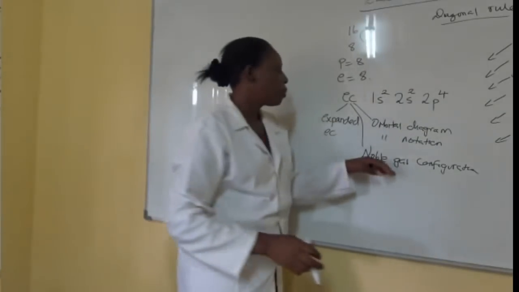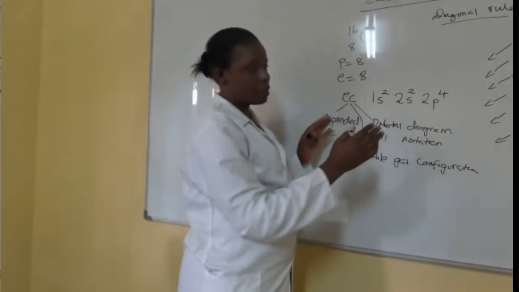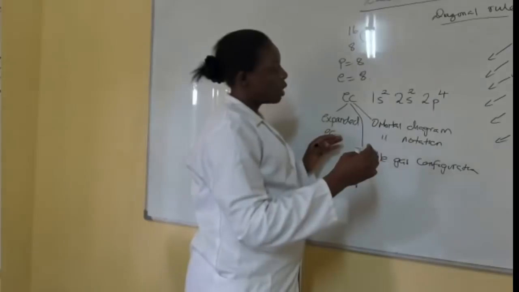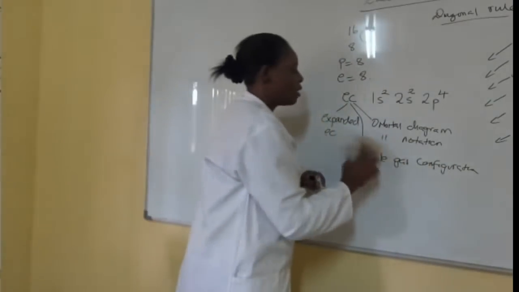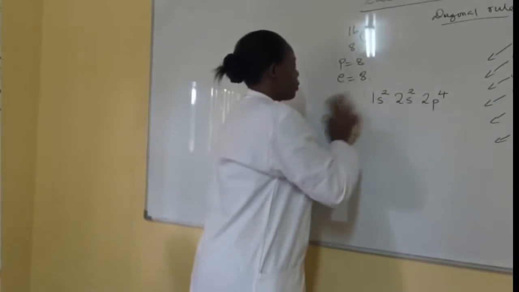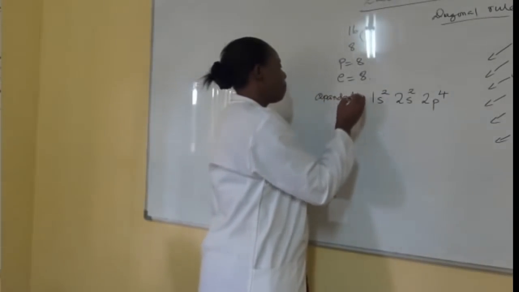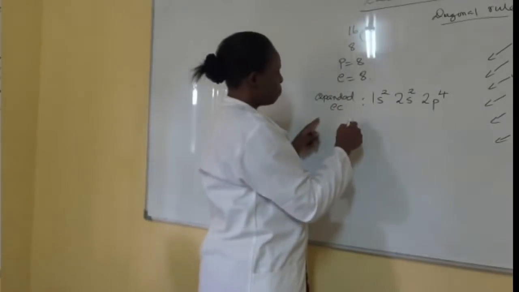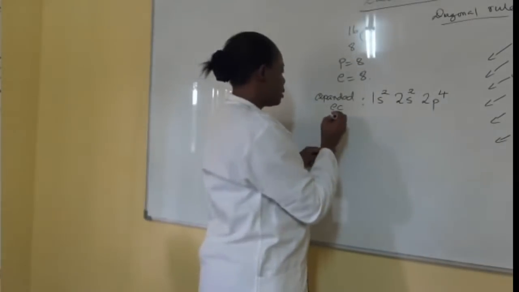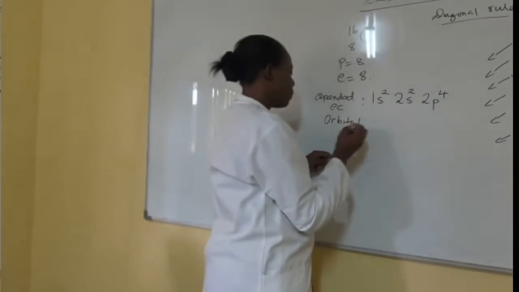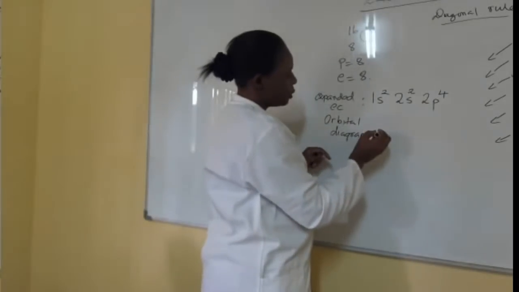So let's represent this in these 3 ways so that you are able to see how we can represent this in these 3 forms of electronic configuration. Like I said, this is our expanded electronic configuration, so let's represent it as an orbital diagram or orbital notation. It's the same.